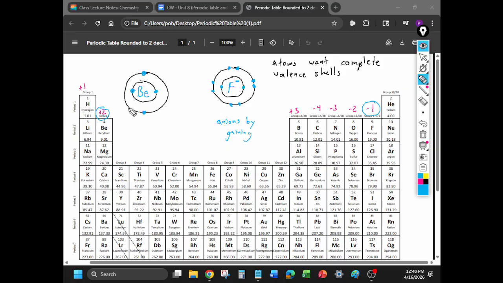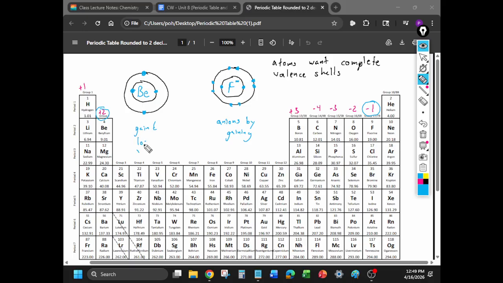Okay, but let's talk about these cations right here. So if you look at Be, it has 2 electrons in its outer shell, right? So in order to fill it up, you would have to gain 6 electrons. But it's actually a lot easier for Be to just lose its electrons, because it could either gain 6 or it can just lose 2.